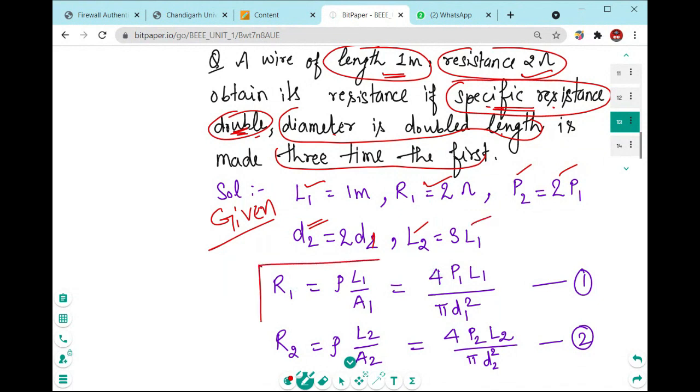So we have the formula R is equal to rho L by A. You can put in these values and find out this particular expression. All of you, please give your response quickly.